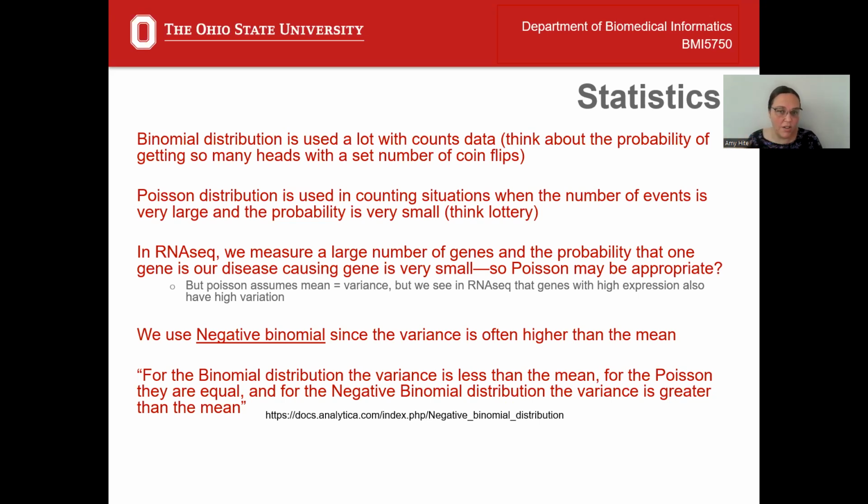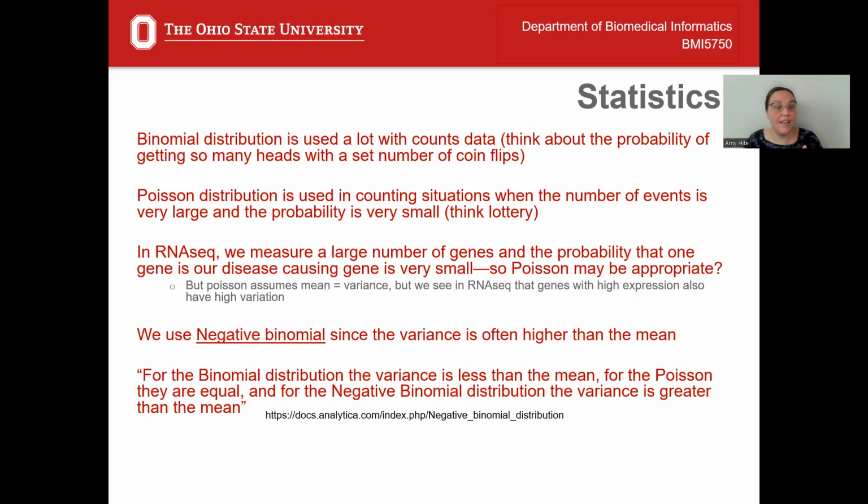But we see with RNA-seq data that genes with high expression will have a higher variation than genes with lower expression. So there's a relationship between the expression and the variation.